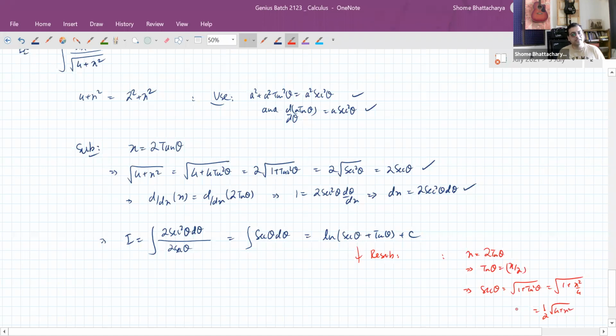Okay. So sec theta will have to be substituted as this, and tan theta will have to be substituted as this. So the integration finally, so the resubstitution step is a bit lengthy. It becomes ln of sec theta, which is 1 by 2 square root of 4 plus x square, plus tan theta, which is x by 2, plus c.